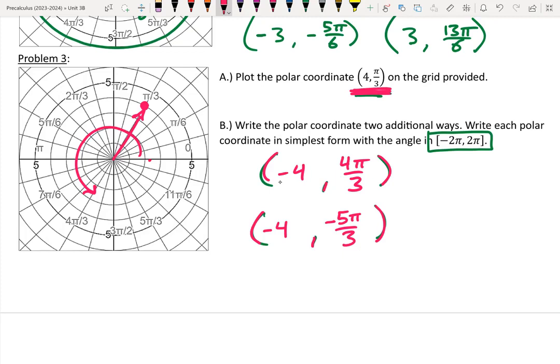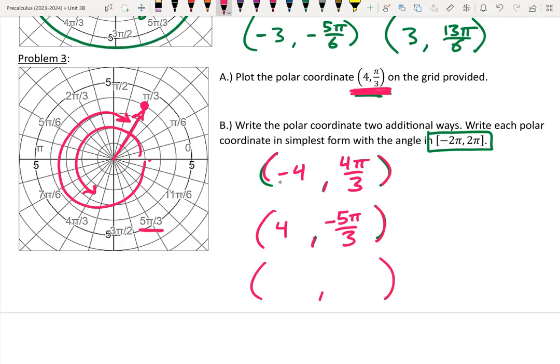So the 4 is positive? So like this? That would be correct, yes. So we go, so this is positive 5 pi over 3. So -5 pi over 3 would put us there, and that would go in the positive direction, so that'd be good. All right, so yes, that would be correct.